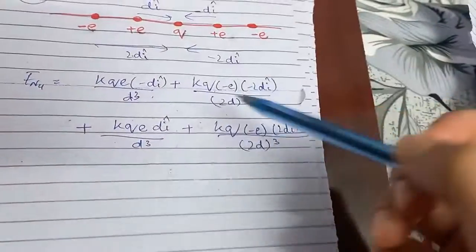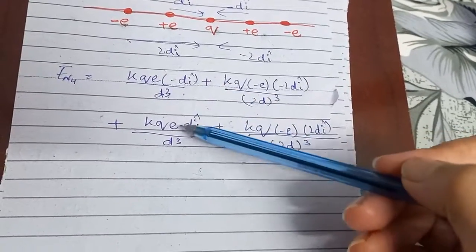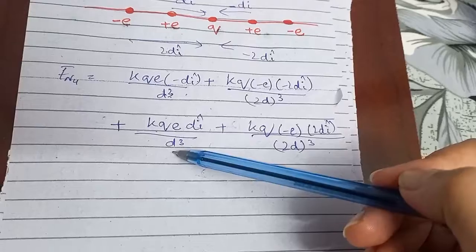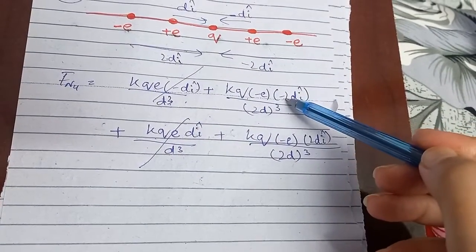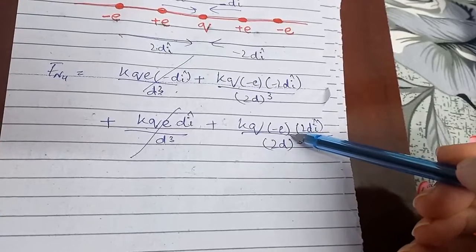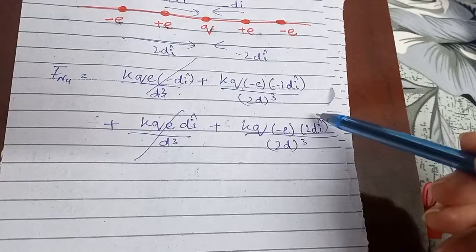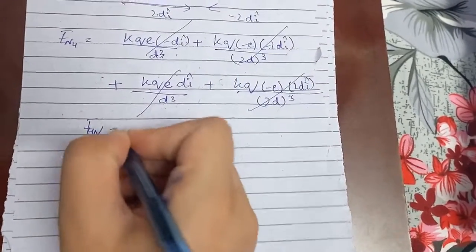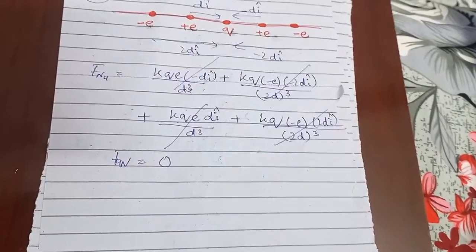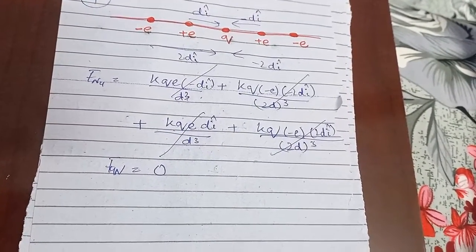Okay, and here you can see this is kqe minus d i hat by d cube, and this is plus kqe d i hat over d cube. They cancel out. Similarly, negative and negative become positive, and this is whole negative, so they cancel out as well, and there is net force equal to 0. It has the least magnitude because the net forces cancel out.